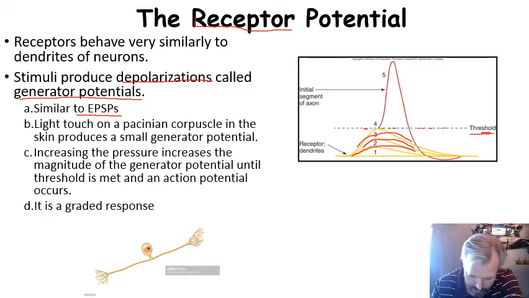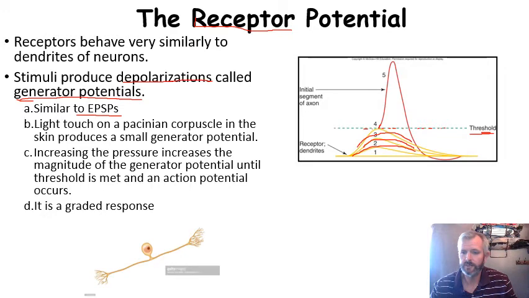It's got to be strong enough that I actually feel the response, because a strong enough generator potential will reach threshold, and now I will send the information from the receptor through the sensory neurons up to the brain. So I can have touch going on, but if the generator potential is below threshold, I'm not going to have a conscious awareness of that taking place.